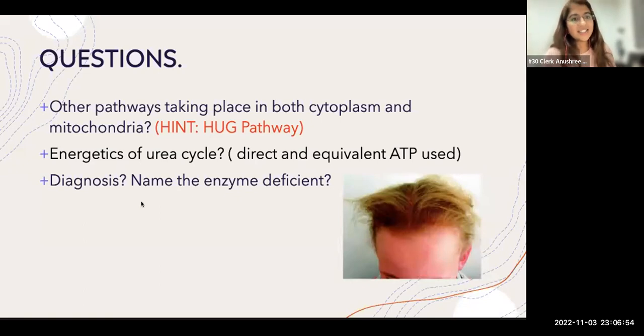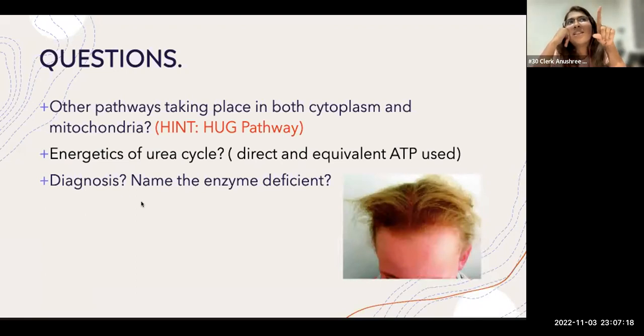So next, during the urea cycle, I kept asking you to take down note of the ATP being consumed. So can someone give me the energetics of the urea cycle? What is direct ATP used and what are the equivalent ATPs being used? I'll give you MCQ.